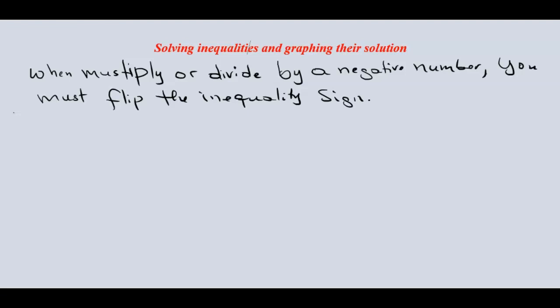For example, if I have -3x less than -9, notice that x is multiplied by -3. To get x by itself, I need to get rid of that -3. Since that's a multiplication, and the inverse operation is division, I must divide both sides of the inequality by -3.